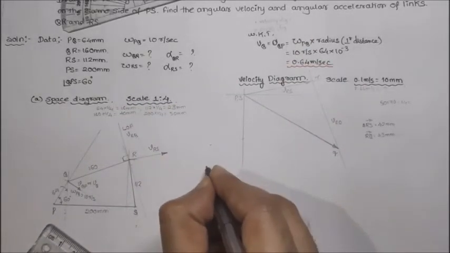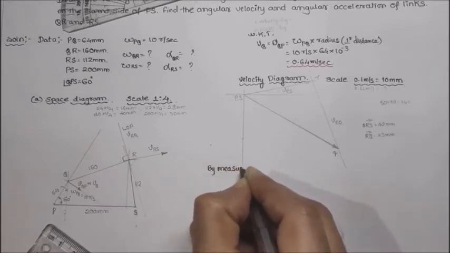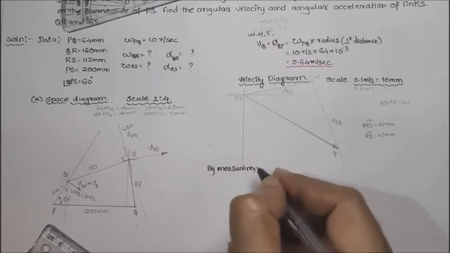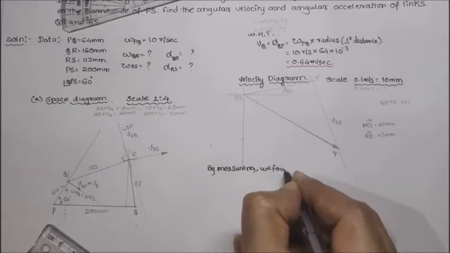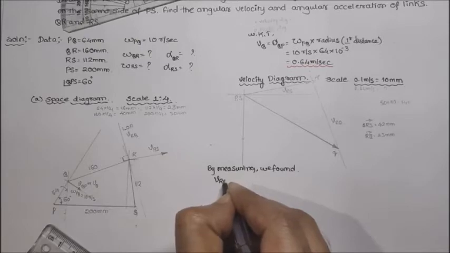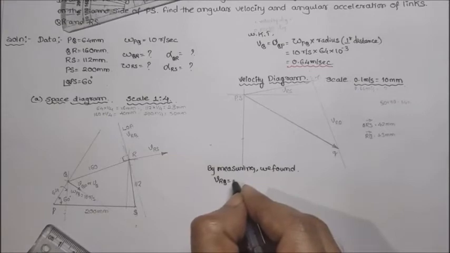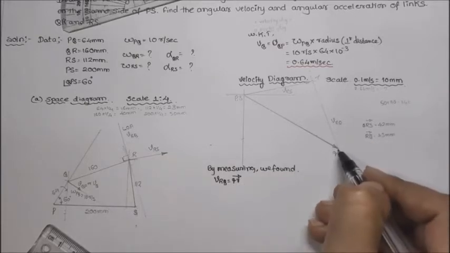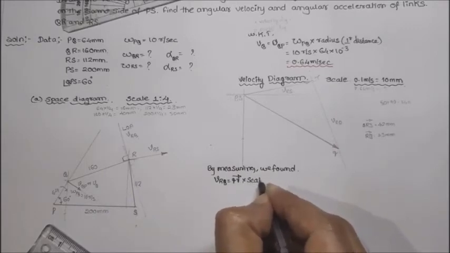So right here, by measuring, we found velocity r with respect to q is equal to vector qr into scale.